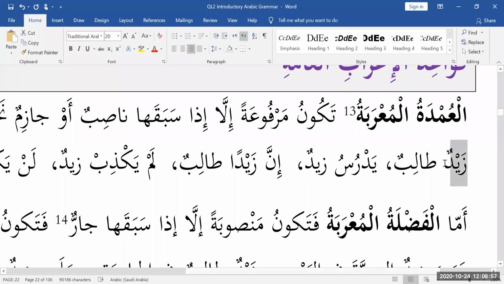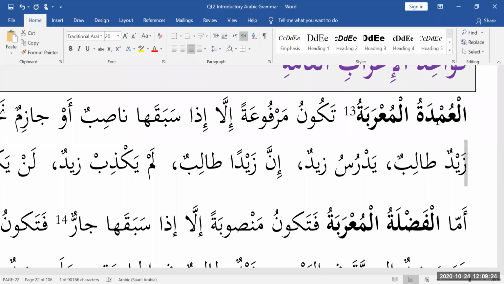And I know Zayd is mubtada from the previous lesson, and I know Zayd is in the rafa state because of the dhamma. So Zayd is a subject, and every subject needs a predicate. Here's the predicate, talibun. How do I know what state the word talib is in? Well, it has a dhamma, and dhamma is a sign that tells me that this word is in the rafa state.